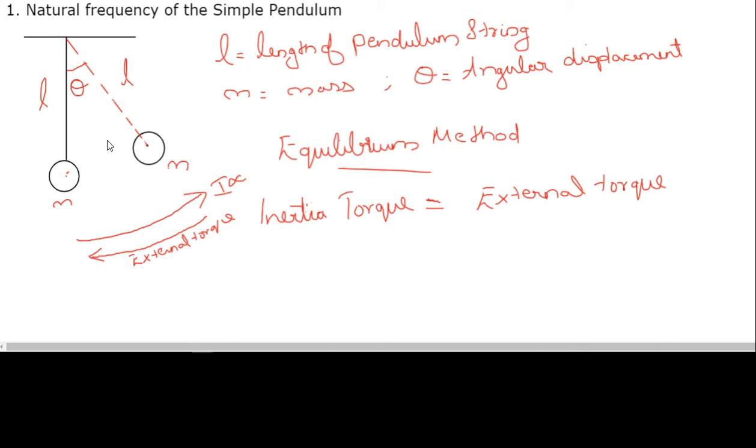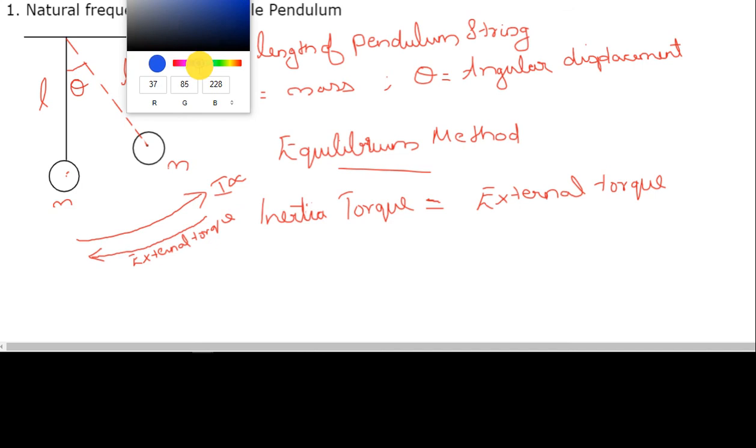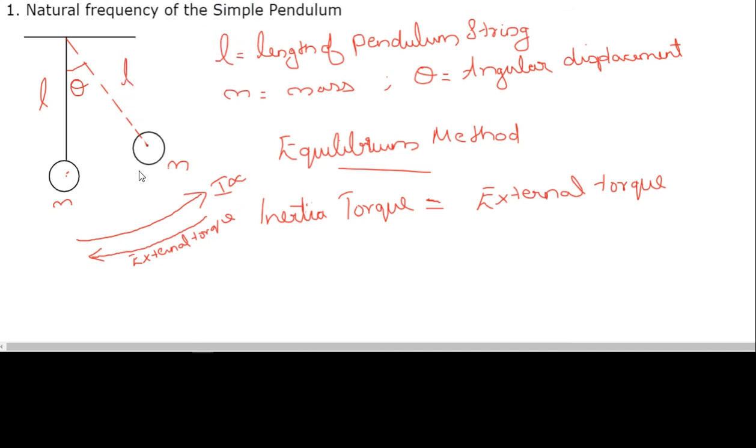For that we need to understand what forces are acting on the system. At this position there will be a force acting in this direction, which is mg due to its self weight.